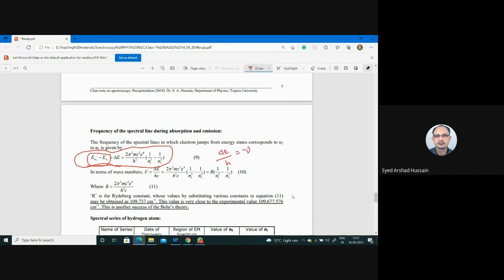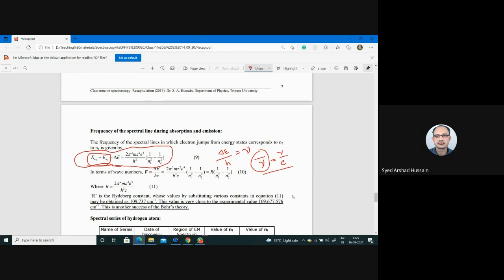In atomic spectroscopy, we always use wave number instead of frequency. What is this? It is equal to nu by c. We write wave number as nu bar equal to nu by c. This is another unit we use: just divide the frequency by the velocity of light.